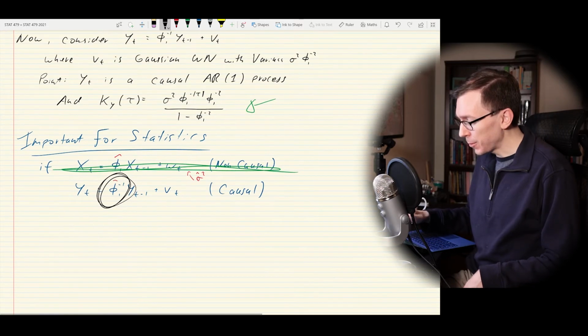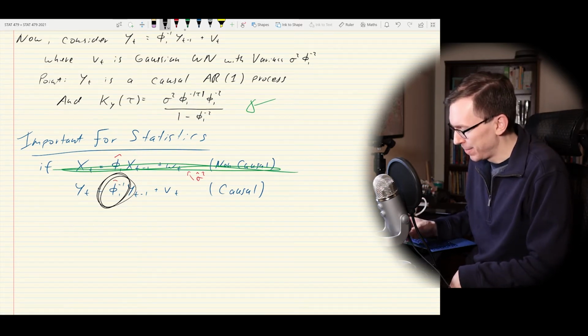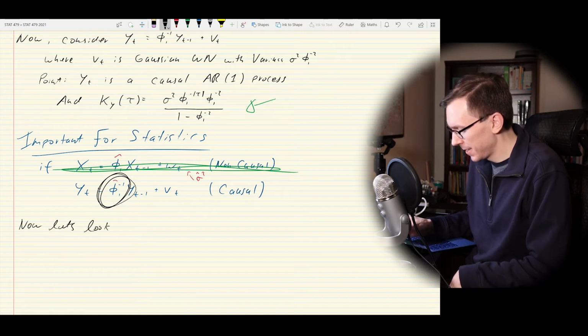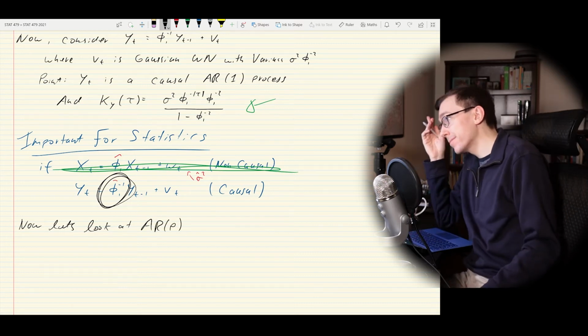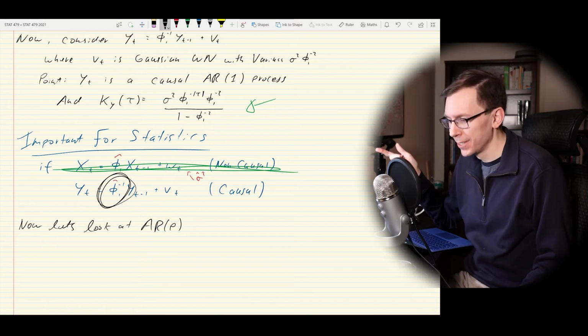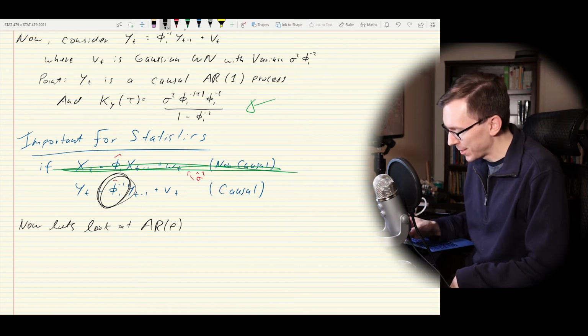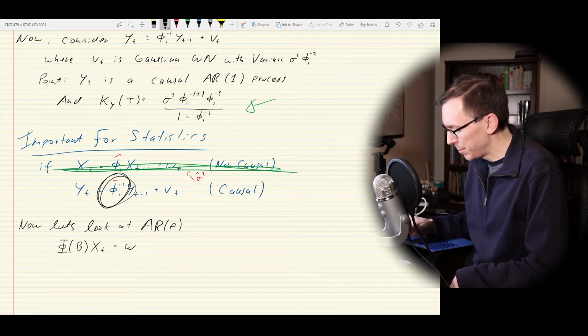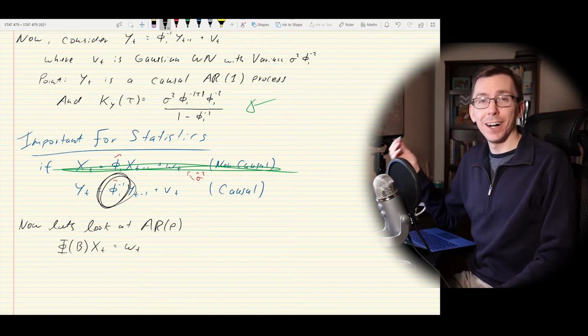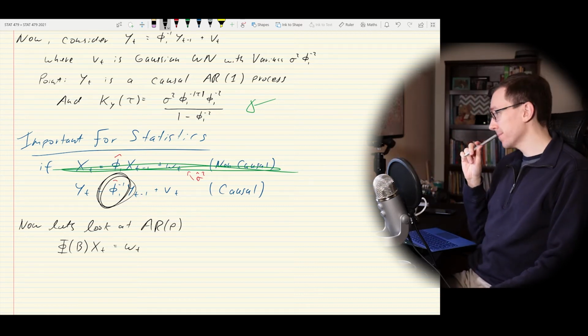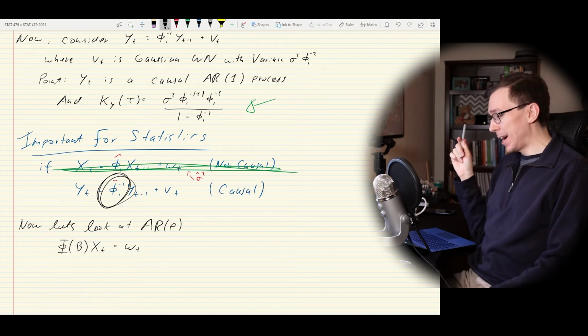Okay. So we can actually extend this idea. Let's look at the AR(p) process. If we go back to our original notation, what we had was something that looked like capital phi of B applied to xt equal to wt, where capital phi is our autoregressive operator.